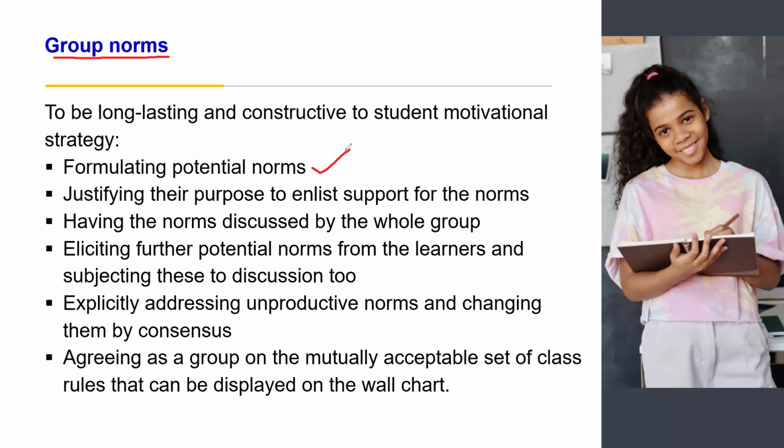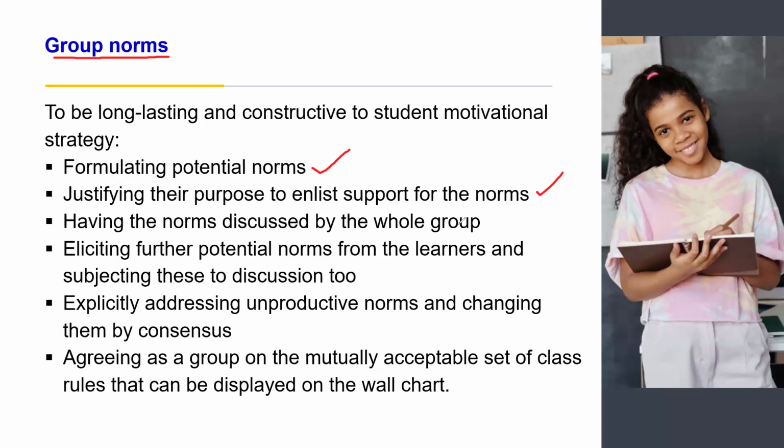The next step is to go together and justify the purpose to enlist support for the norm. So we will see whether the norm will work, or whether there is anything they want to change a little, or agree to. And then after that, it is discussed by the whole group.